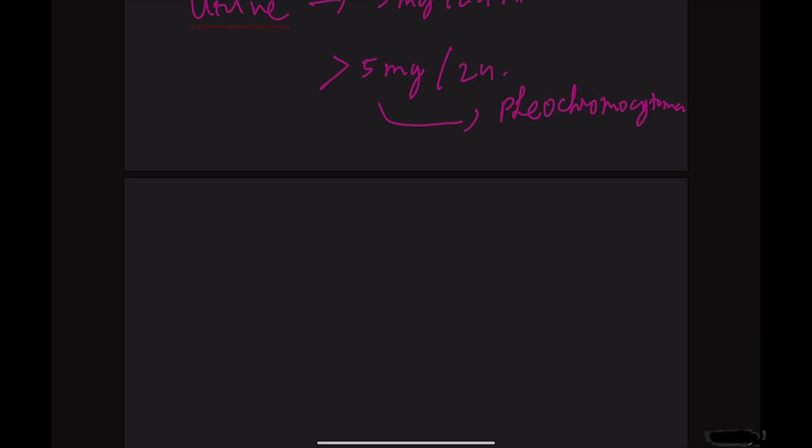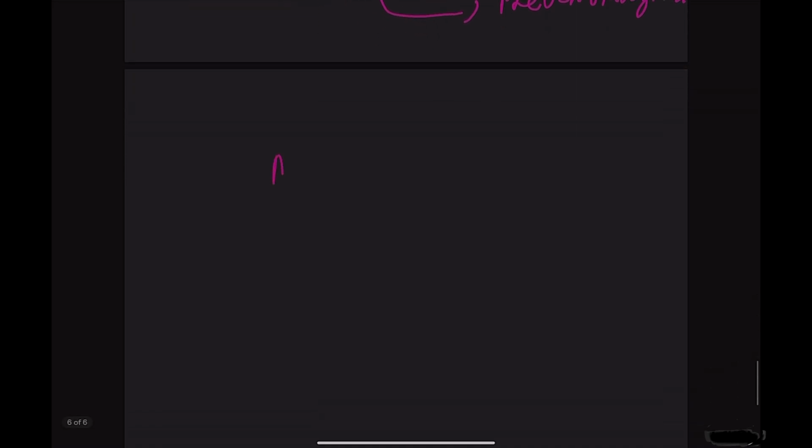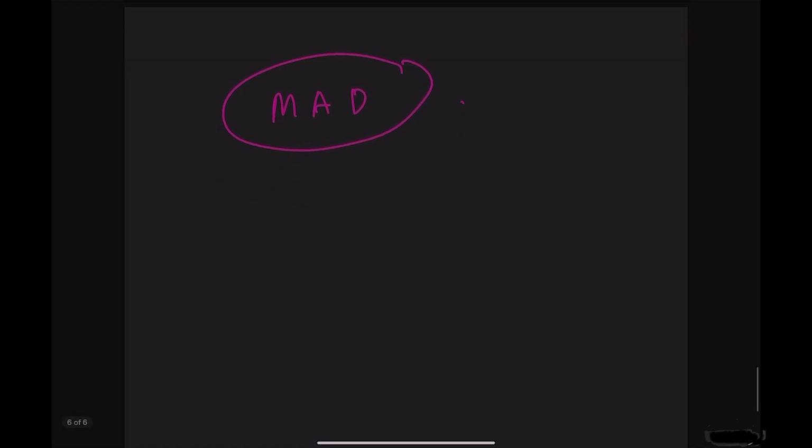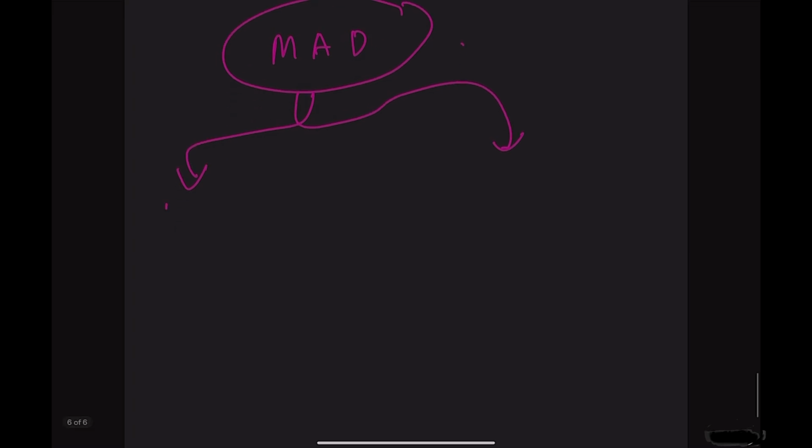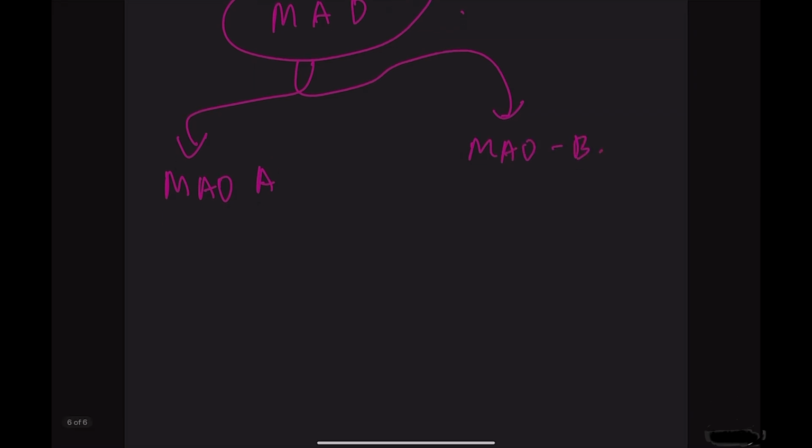Okay, here again I'm going to talk about monoamine oxidase. Okay, so there are two types of monoamine oxidase, monoamine oxidase A and monoamine oxidase B. Okay, so what is the difference between monoamine oxidase A and monoamine oxidase B?